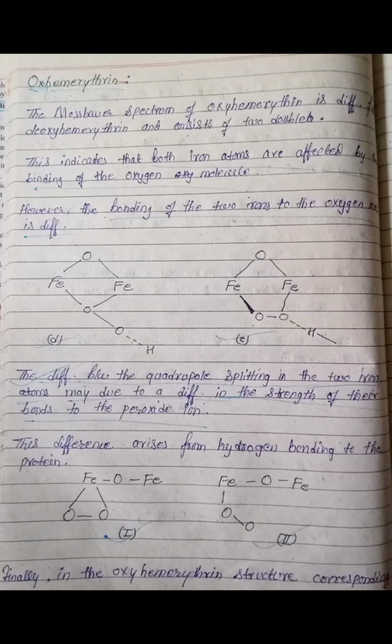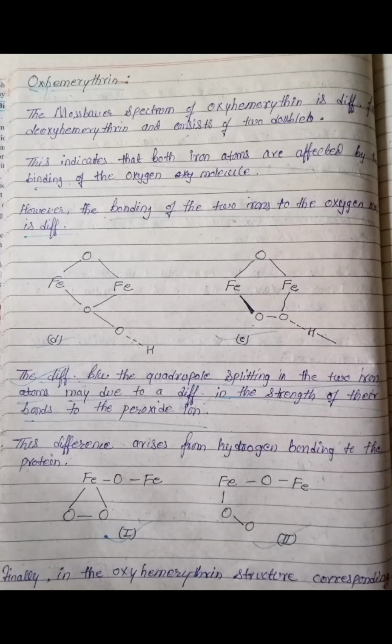And oxyhemerythrin. The Mossbauer spectrum of oxyhemerythrin is different from deoxyhemerythrin and consists of two doublets. This indicates that both iron atoms are affected by the binding of the oxygen molecule.